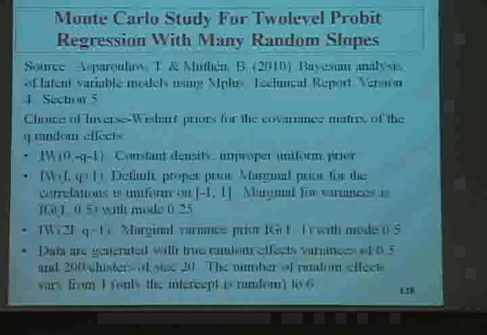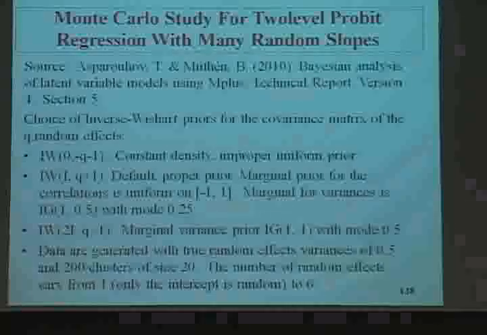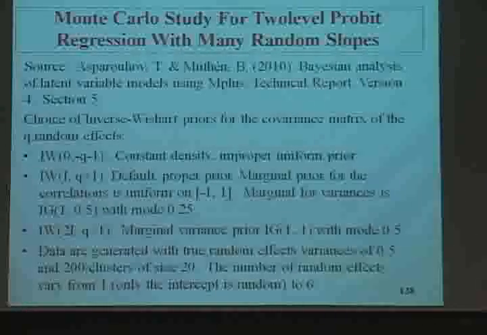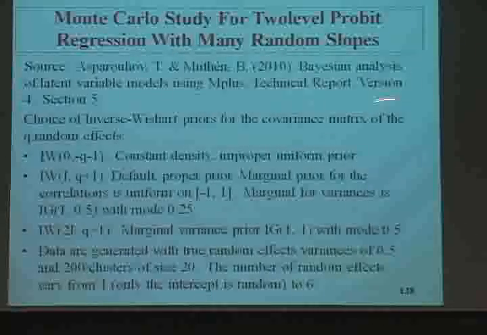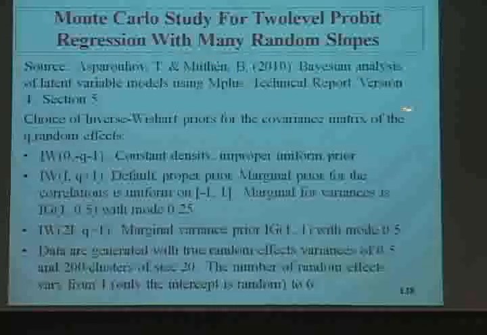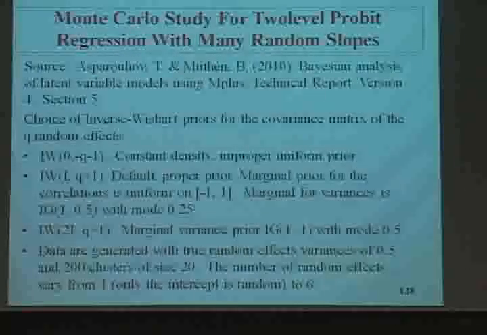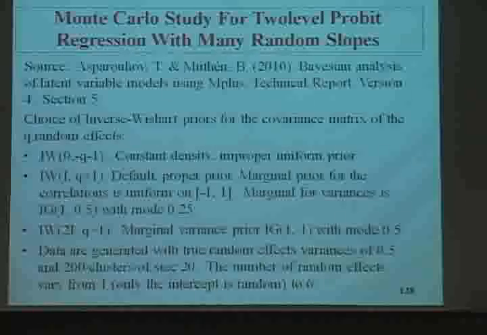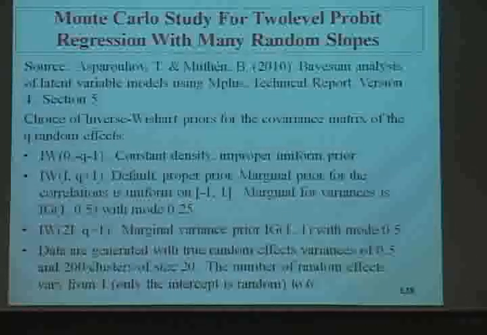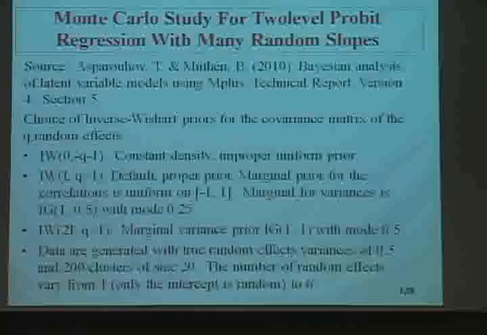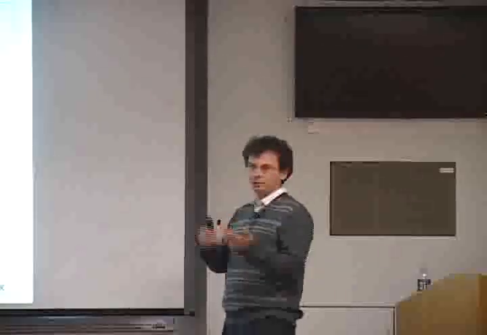So here's a simple simulation to illustrate some of the issues that you have to be aware of when you're doing something like that. This example is from a paper that's on our website again. When you have multiple random effects and they're all correlated, you basically estimate the entire variance-covariance matrix of the random effects, the random slopes, and the random intercepts.